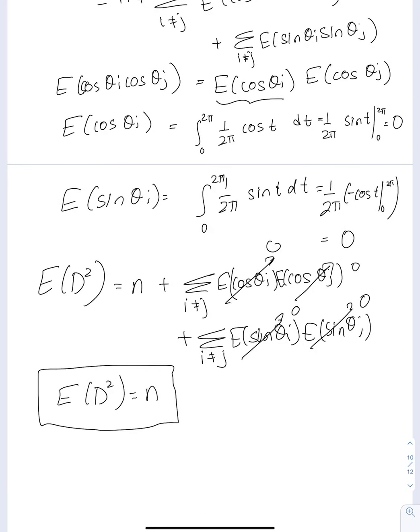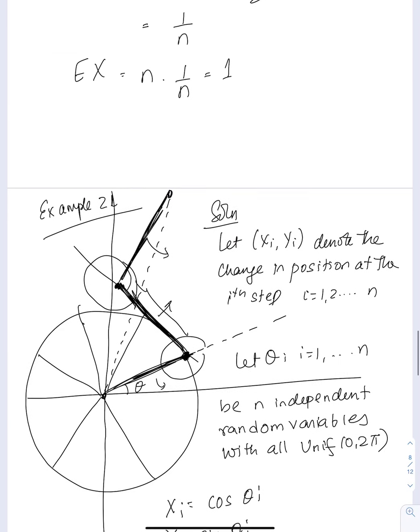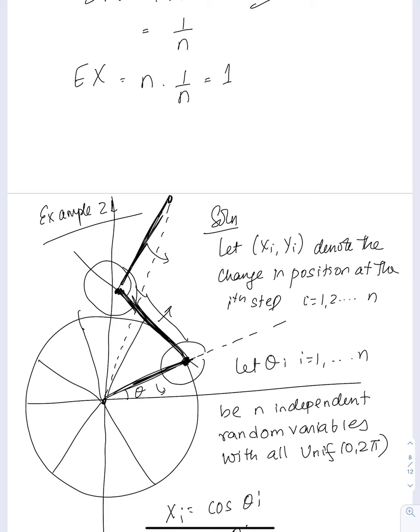I hope this variety of examples made sense to you and that you're able to use these techniques to solve the homework problems as well as other kinds of expectation problems that you might have.